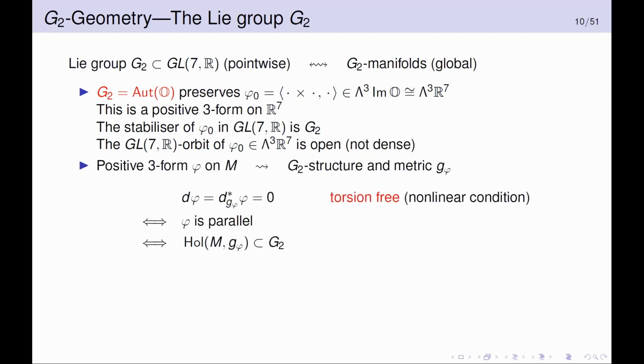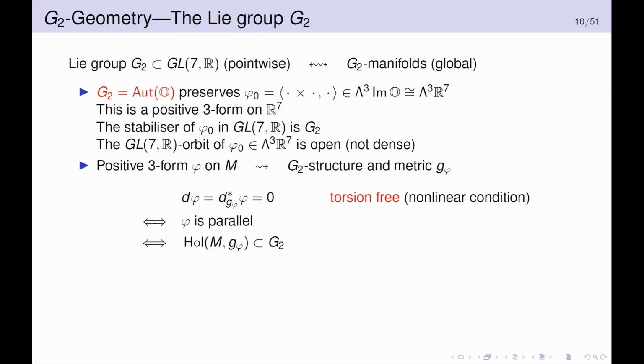So now finally to get to G2 holonomy. We take a positive 3-form on M, so we have our G2 structure and our metric. And because it's a 3-form, you can take the exterior differential and ask if it's closed. And you can take the dual of the differential with respect to the L2 metric.